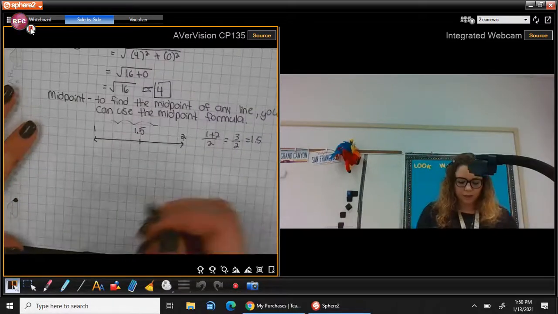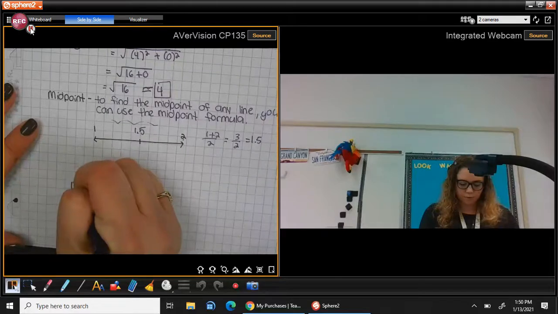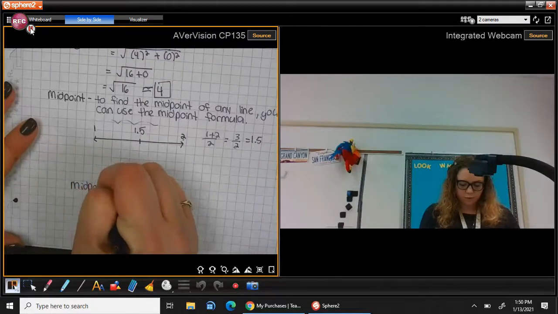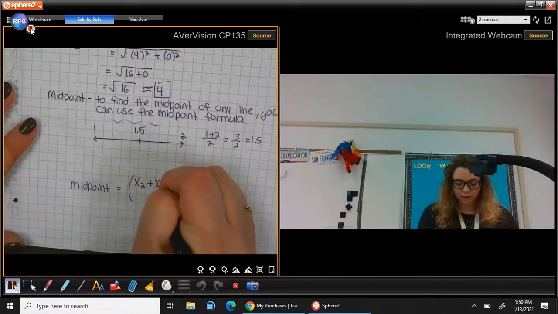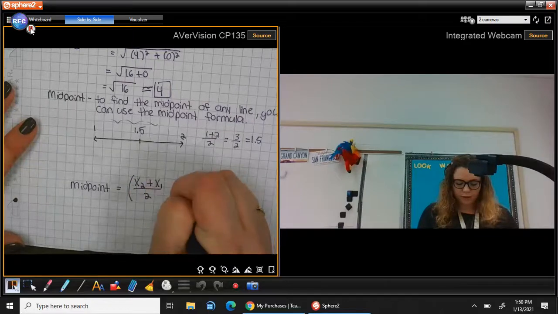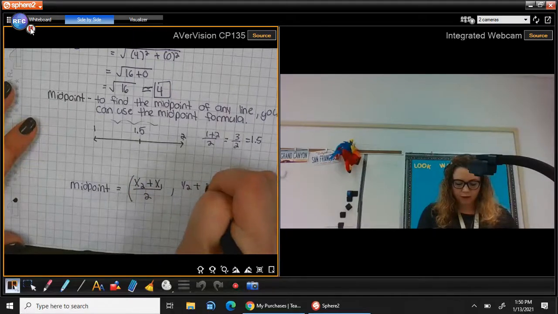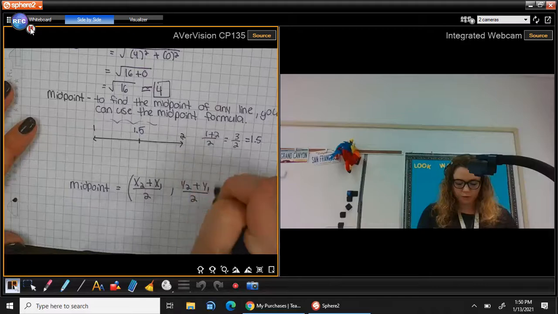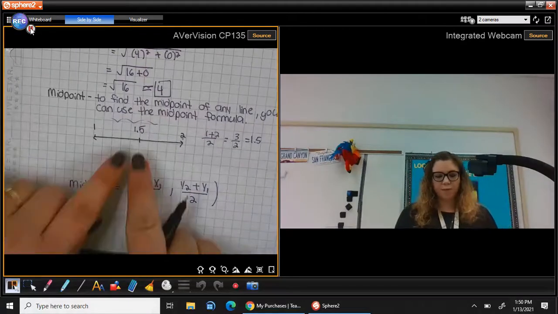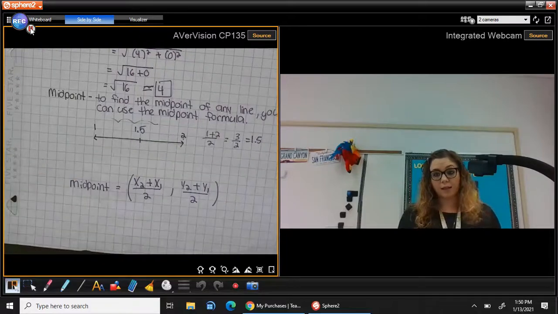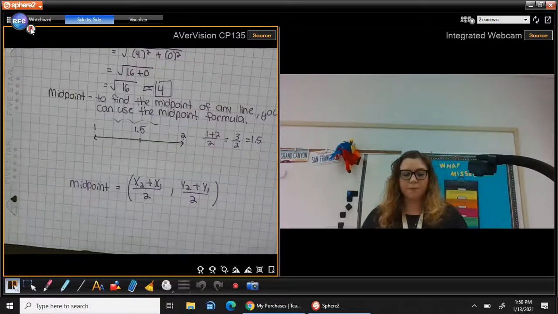is going to be M, midpoint, equals x2 plus x1 over 2, and then y2 plus y1 over 2. Okay. And this is how you would find the midpoint of a line given two coordinate pairs, okay?